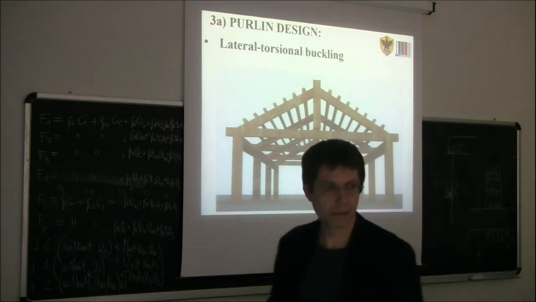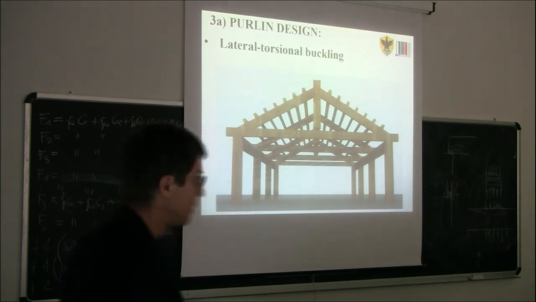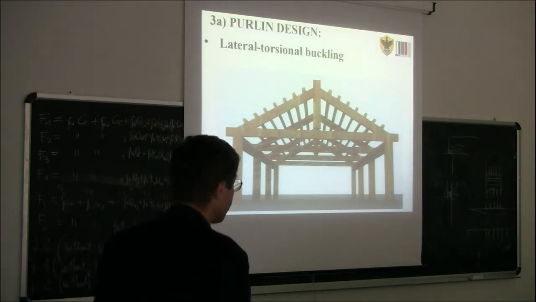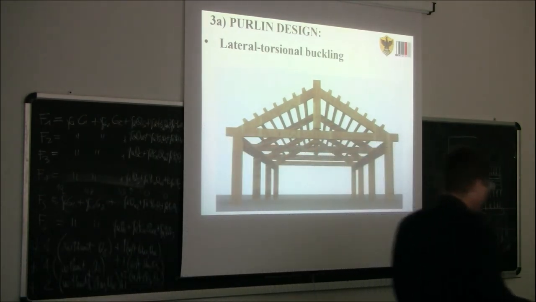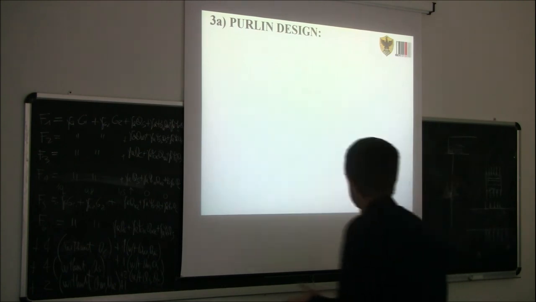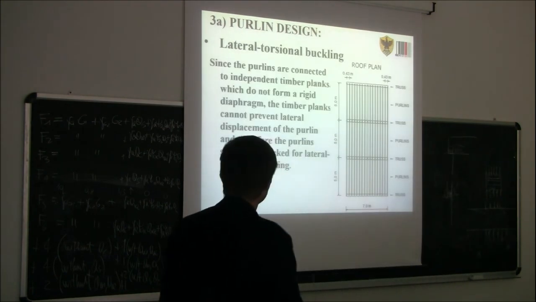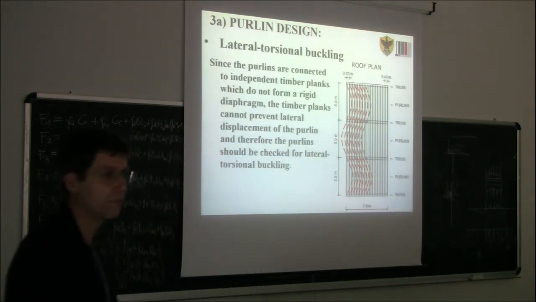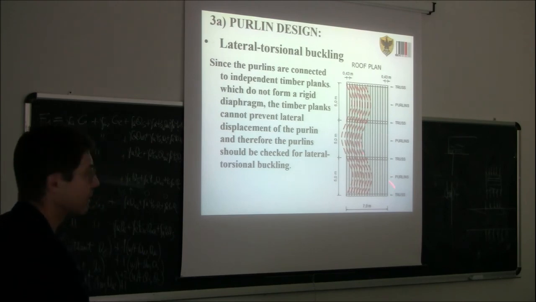Yes, well, we have to consider that those boards are narrow, because usually the boards are not very big, they are fairly narrow, and they are connected with a couple of nails, so the connection is quite weak. So we should ask ourselves, is that enough to prevent this kind of movement?